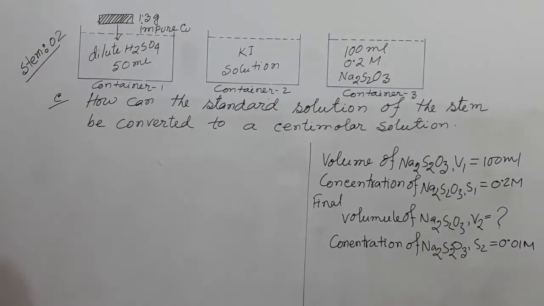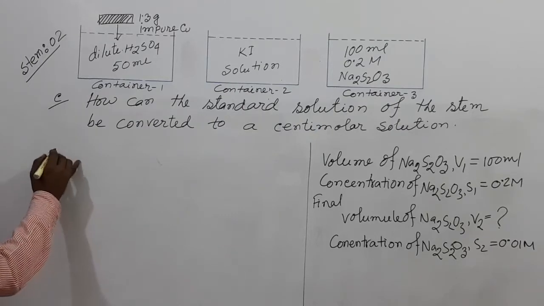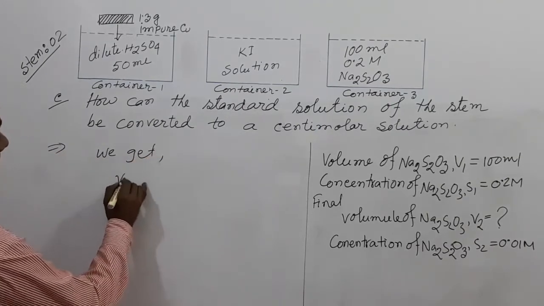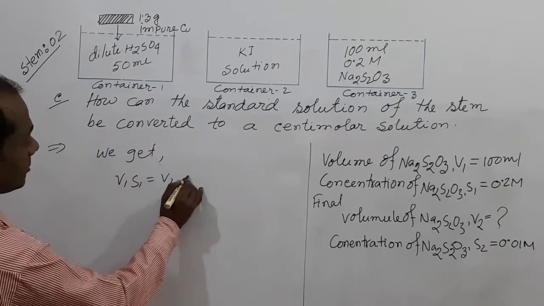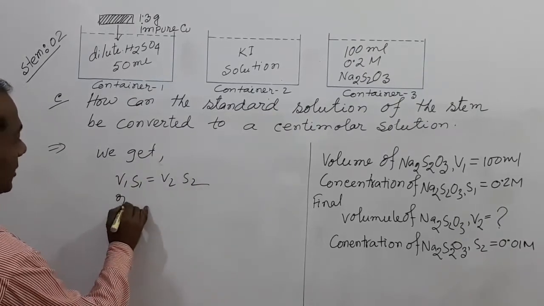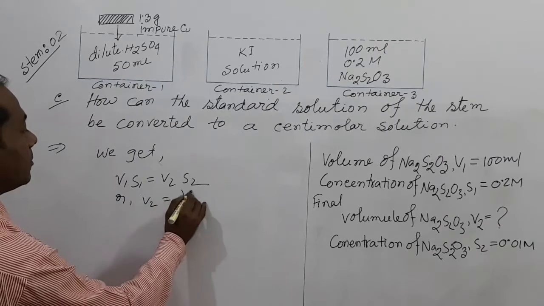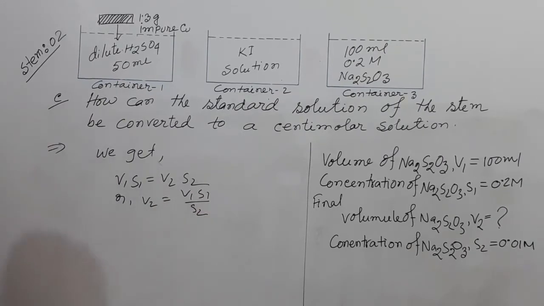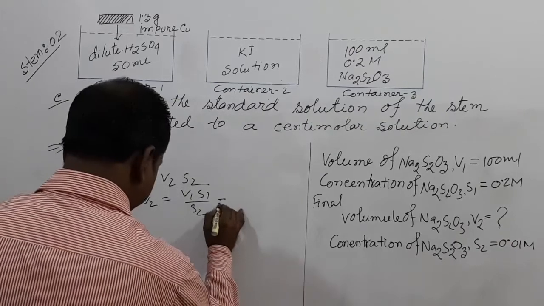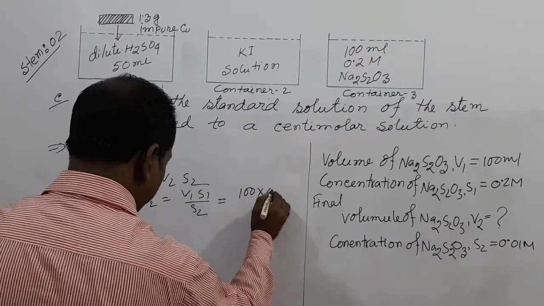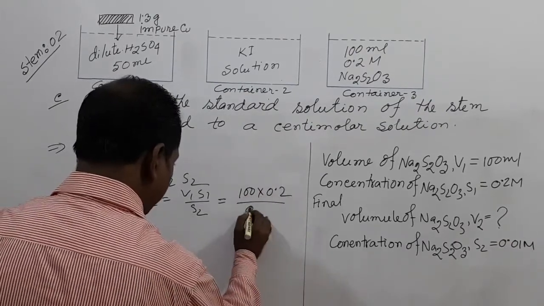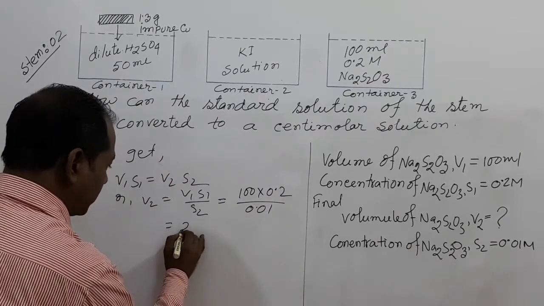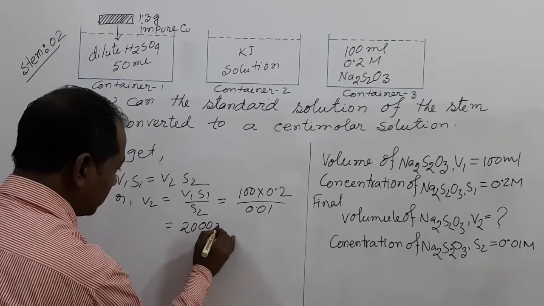Now, according to the dilution law, we get V1S1 equal to V2S2, and V2 equals V1S1 divided by S2. So 100 into 0.2 divided by 0.01, and the answer is 2000 ml.